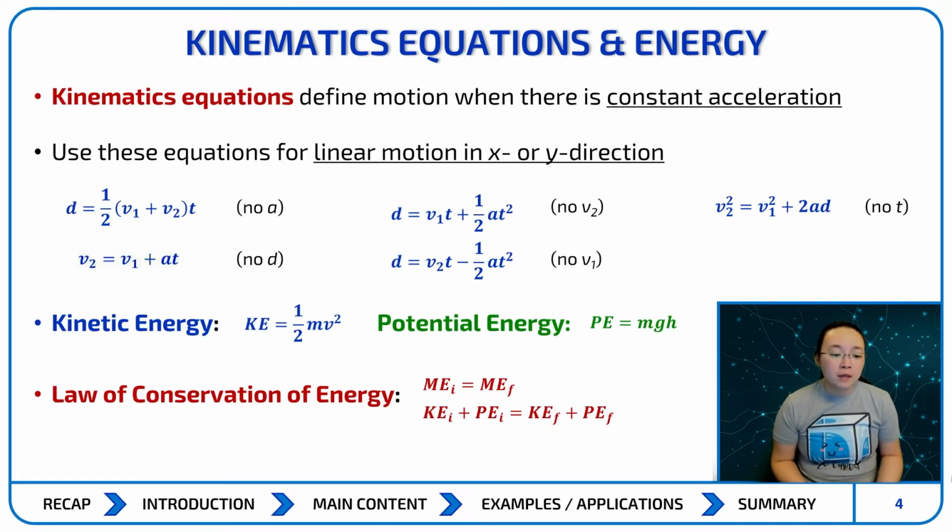So with MEI, that would be the total mechanical energy of the initial state, and that is made up of initial kinetic energy plus initial potential energy. So kinetic energy is defined by motion or velocity, so you have 1/2 mv squared. And then you have gravitational potential energy defined as mgh. So then you would have a certain amount of energy at the beginning, a certain amount of energy at the end, and you'll be able to solve for one of the missing variables.